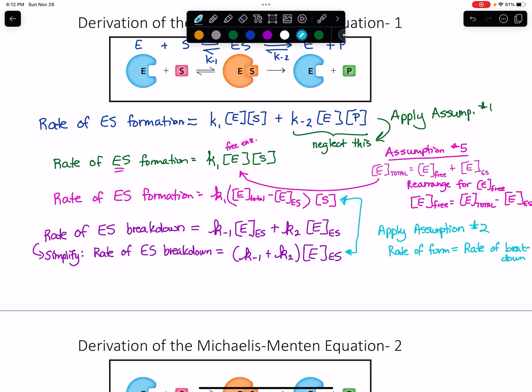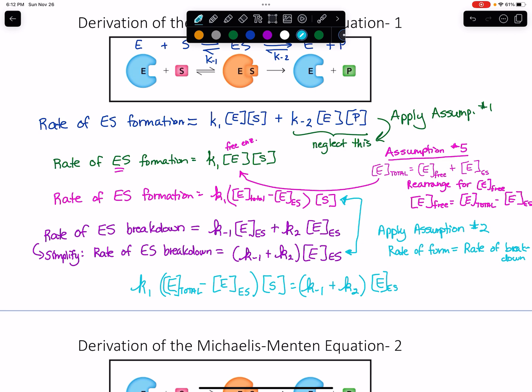So we've got this right here, K1, and that's E total minus E in the enzyme substrate complex times substrate is equal to K minus 1 plus K2, sorry, times ES.